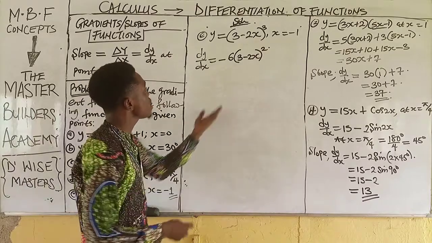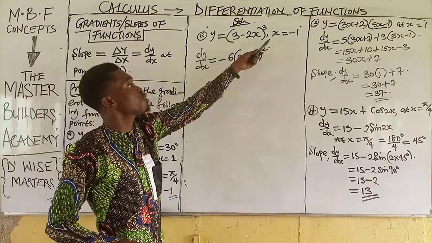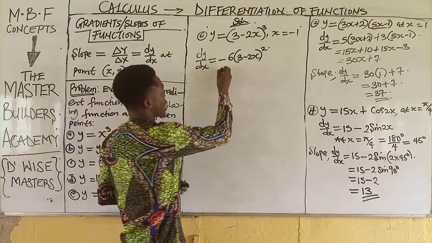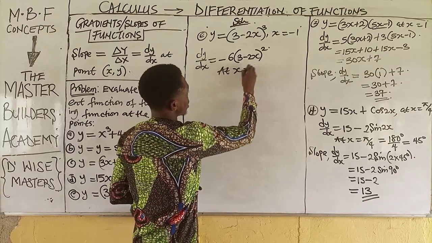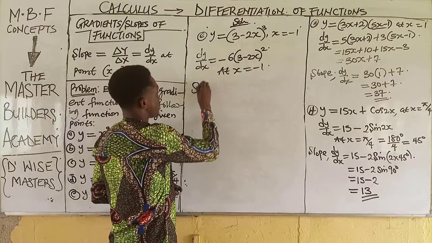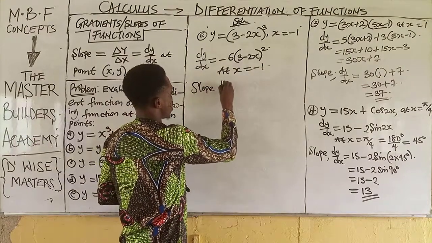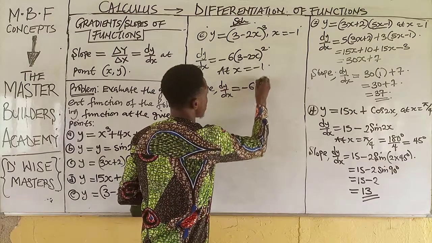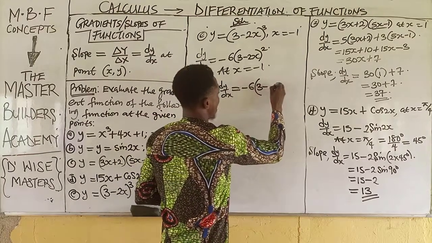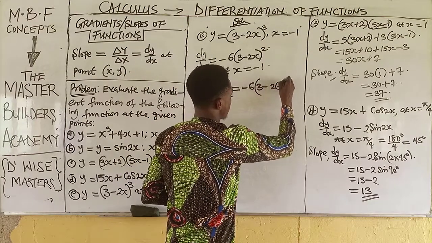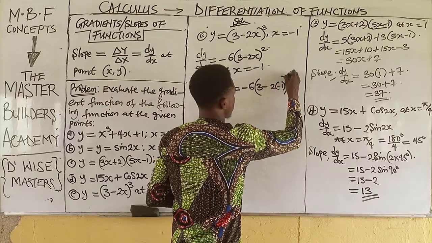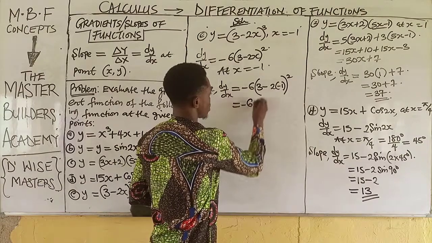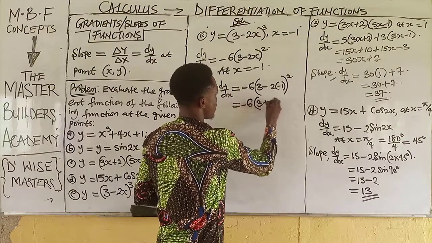All we simply need to do now is to substitute for x. And what's the value of x? We have the value of x as negative 1. So at x equal to negative 1, we have that slope or gradient dy over dx is equivalent to negative 6 multiplied by 3 minus 2 multiplied by negative 1, all raised to the power of negative 2. And this will have given us negative 6 into 3 plus 2.